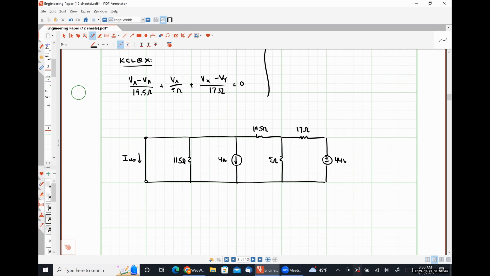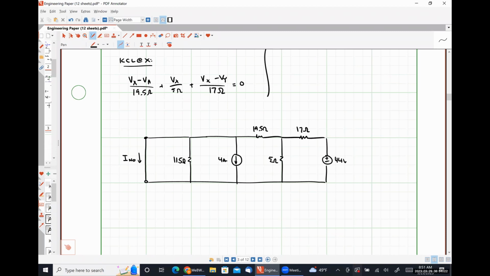Well, no, mesh will be okay. We could, but let's get in the practice of solving for all of the different things so we make sense here. Let's do mesh. Why not?